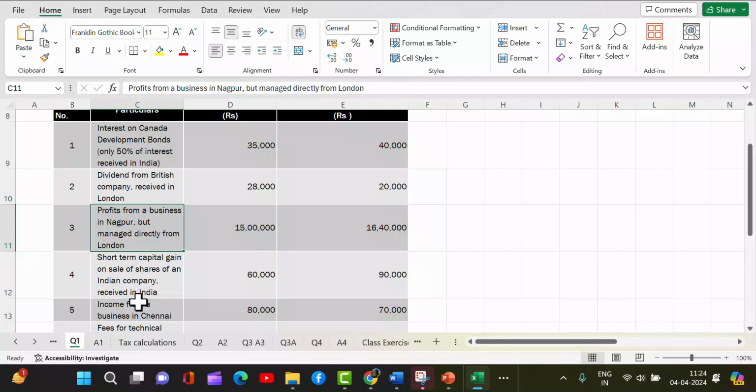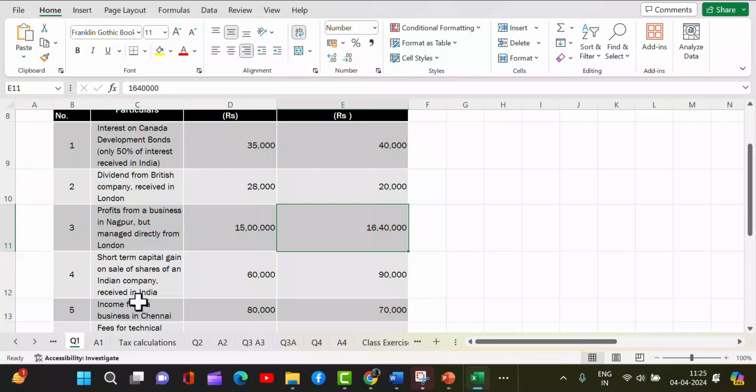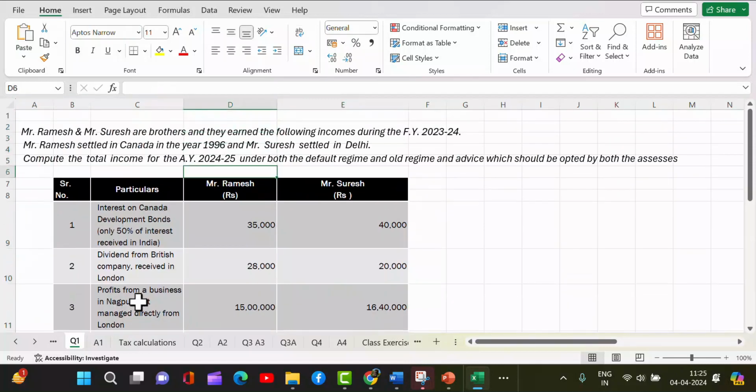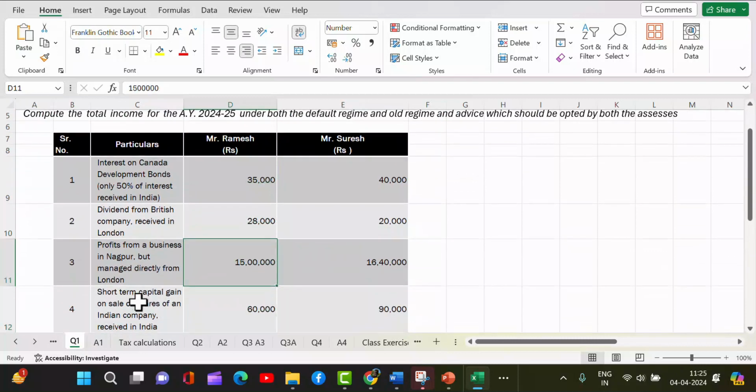Profits from a business in Nagpur but managed directly from London. So 15 lakhs and 16 lakhs. Ramesh has got 15 lakhs, and Suresh has got 16 lakhs, profits from a business in Nagpur. Do they have to pay tax in India for these incomes?